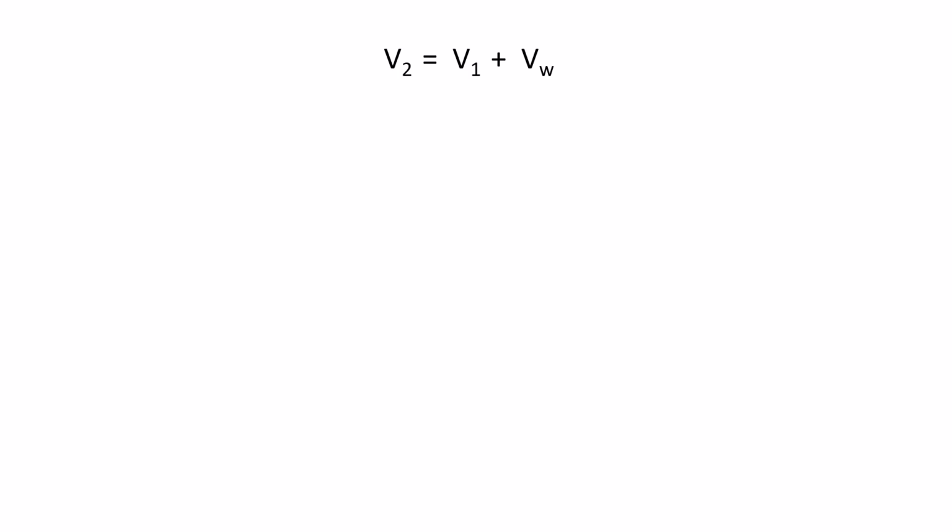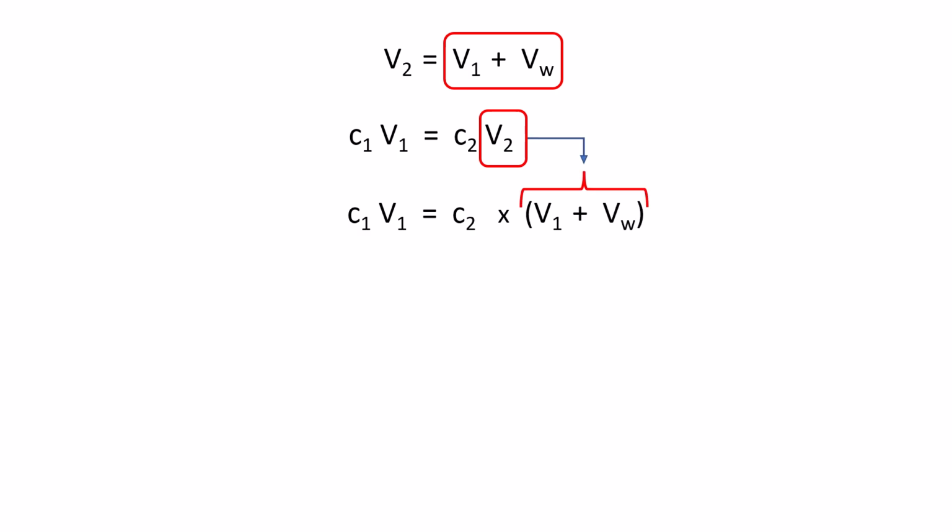If V2 is equal to V1 plus VW, then we can substitute that information into C1V1 is equal to C2V2 to get C1V1 is equal to C2 times V1 plus VW.